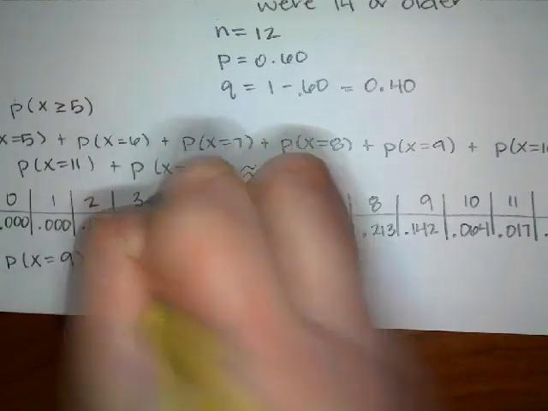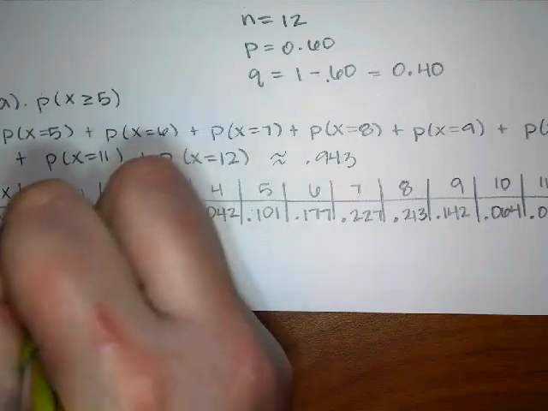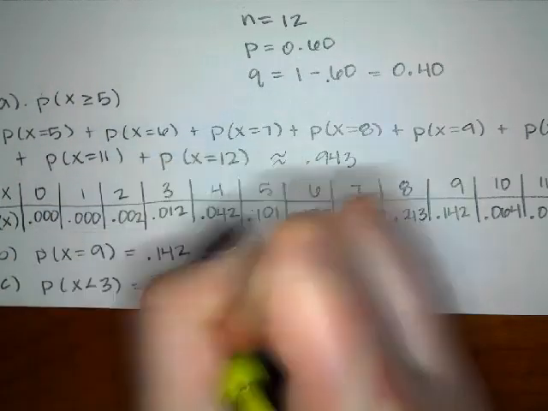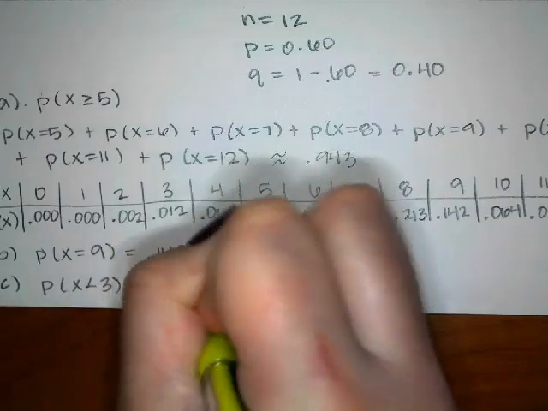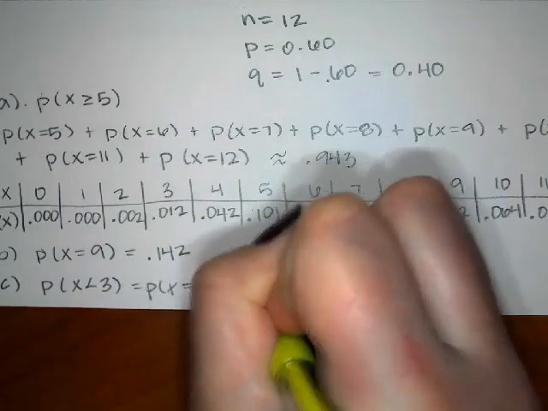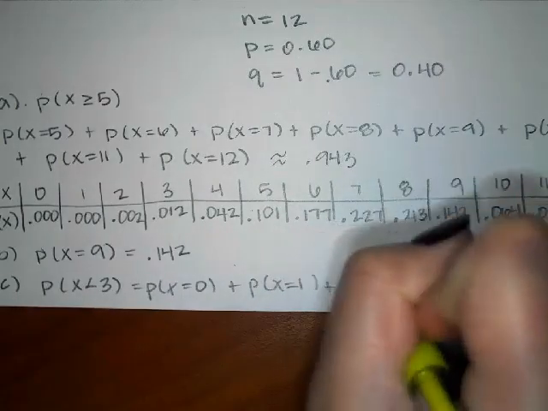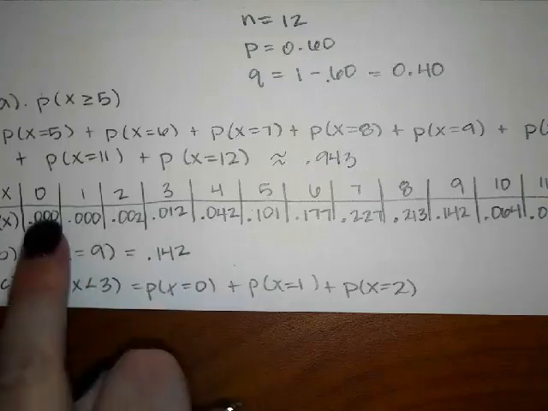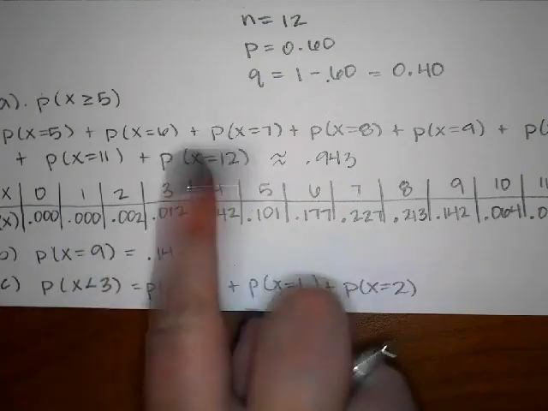So if we're doing less than 3, then we're going to have the probability of 0, the probability of 1, the probability of 2. So for those, we're just going to add up probability of 0, 1, and 2. And if we add all of those together, we end up just getting 0.002, because these are essentially probabilities of 0.